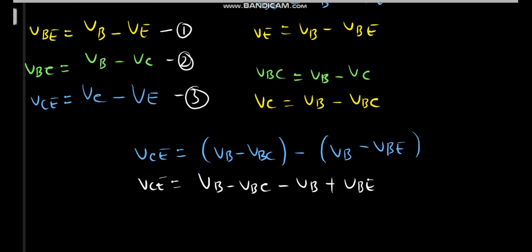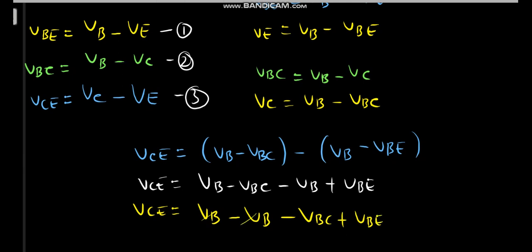Now let's continue. I have my VCE equal to, let's collect like terms here, VB minus VB and then minus VBC plus VBE. You see these two VB terms cancel out.